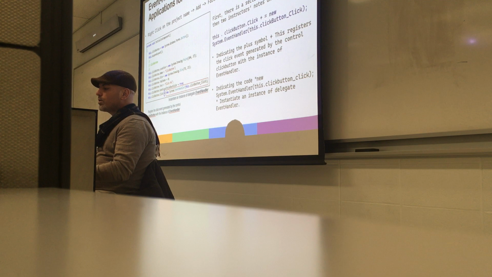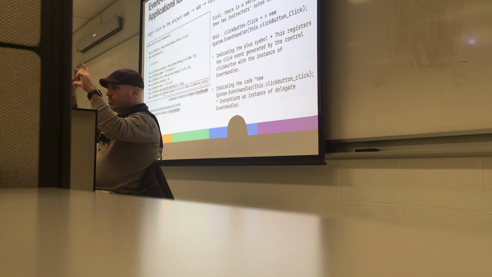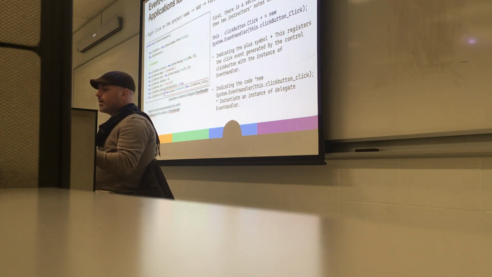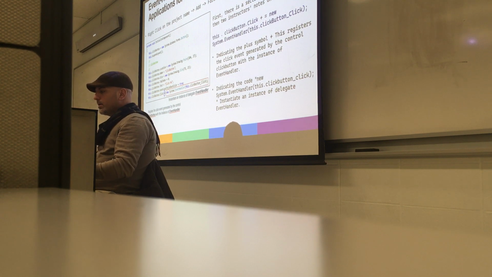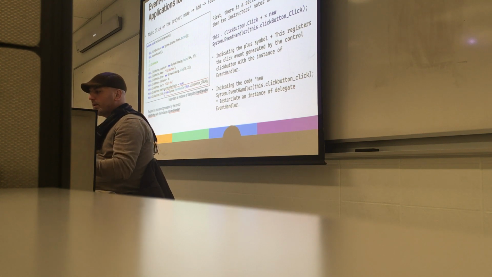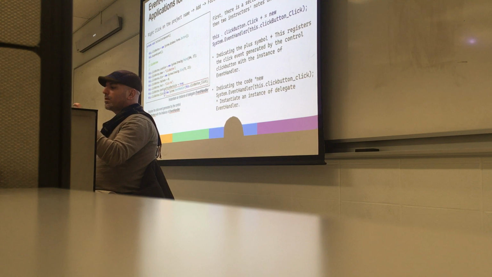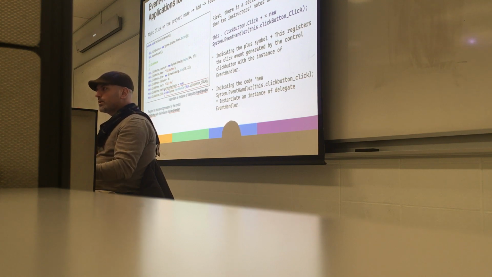This is the button: create a new button object. Now the button location: where is the location in the form? It takes left and right. Also the name of the button, and the size: what is the width and height of the button?